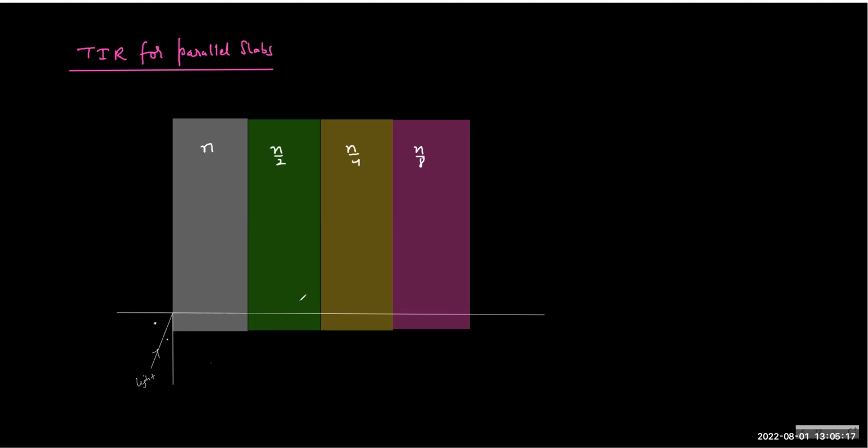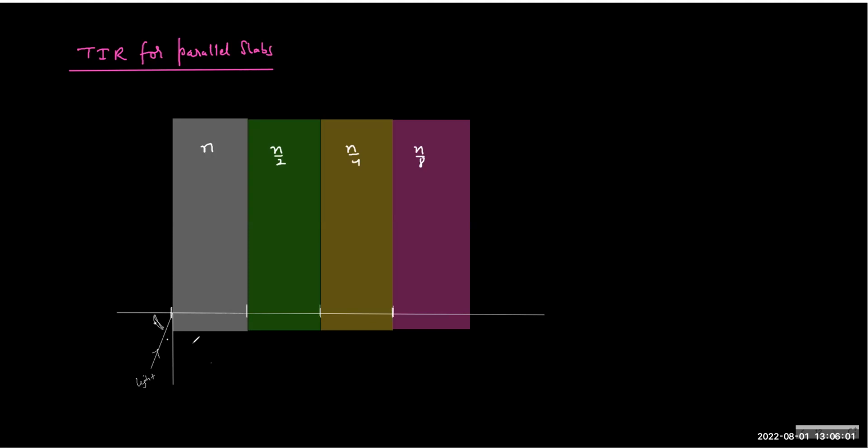Perpendicular to the surface. This is the interface, the first surface, and the light ray will travel this way, so the normal will be this one. This is the angle of incidence. The first thing we need to learn is that the direction in which the refractive index varies is called the direction of the normal. In case you get confused, remember this.